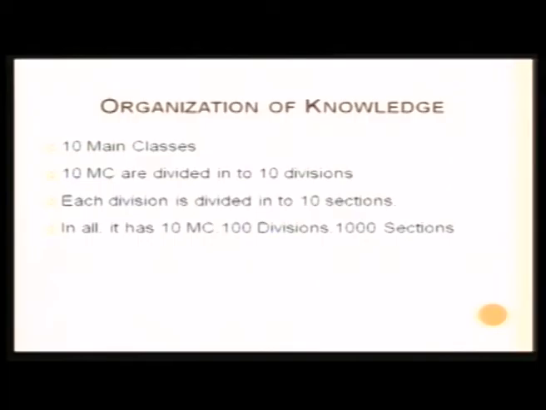Now let's talk about the organization of knowledge. The whole scheme of classification, which is DDC, organizes the whole known knowledge under 10 main classes. These 10 main classes are further divided into 10 divisions, and each division is divided into 10 sections. In all, DDC has 10 main classes, 100 divisions, and 1000 sections.